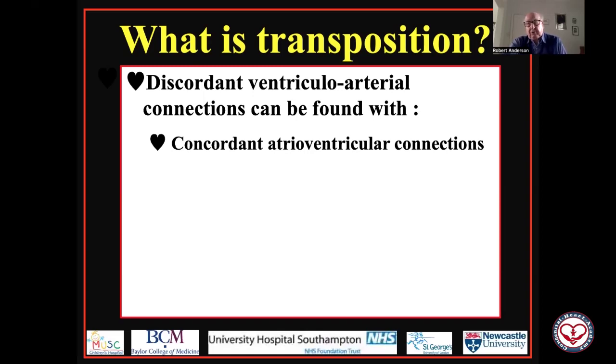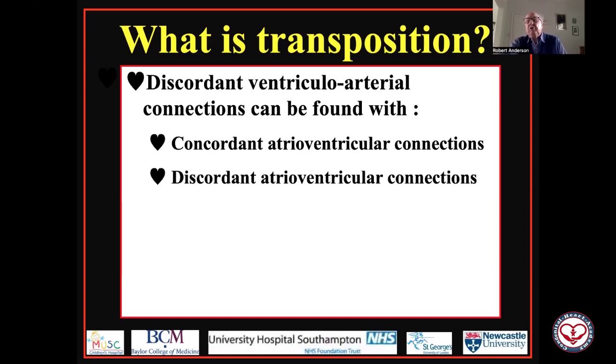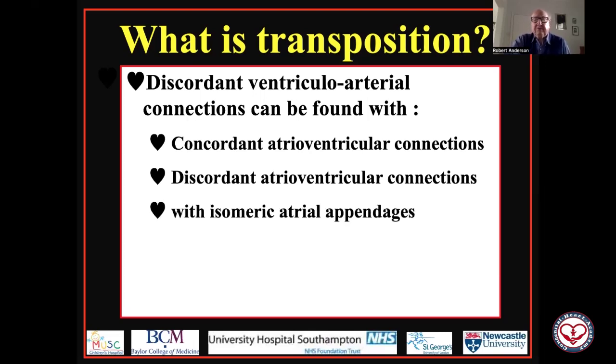Now, I'm sure you all know that that arrangement with a left-sided anterior aorta is much more usually found when we have discordant atrioventricular and discordant ventricular arterial connections, and we call that combination congenitally corrected transposition.